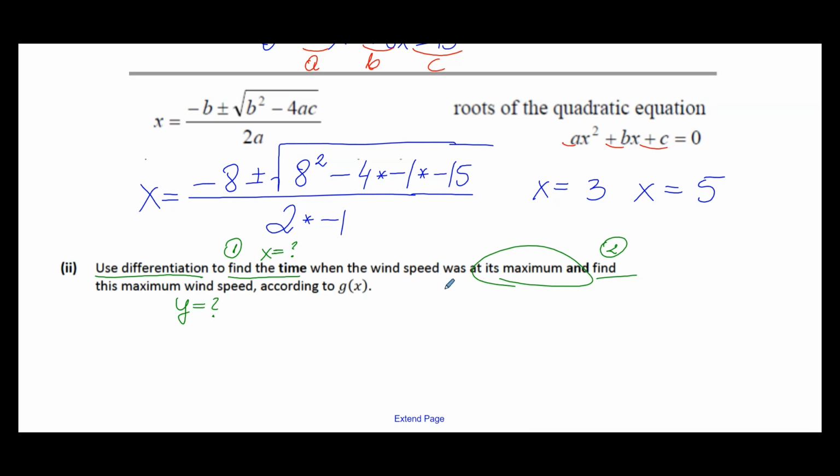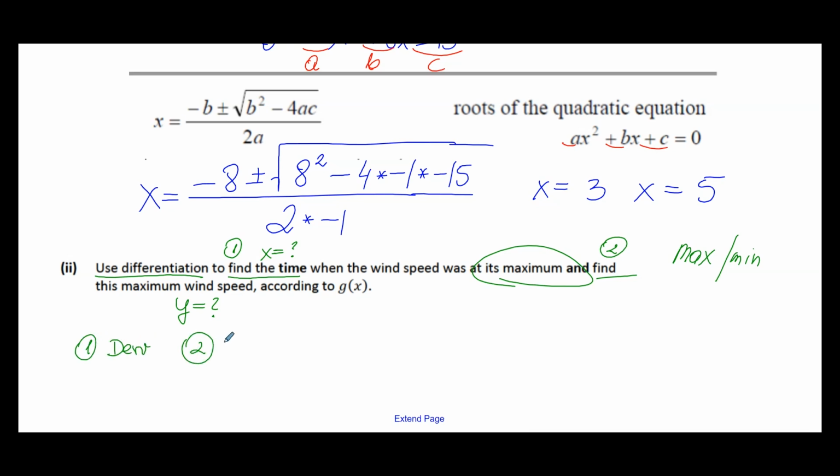So now they are very good because they are saying use differentiation. However, if they didn't say in your exam, use differentiation, if the only thing they say is maximum, so if you see the word maximum or minimum in the context of the question, or it could be greatest or the least, you know that this is where we are going to be creating the derivative.